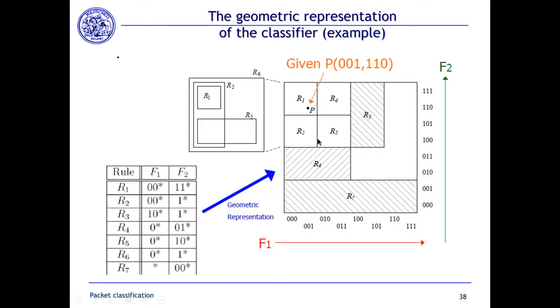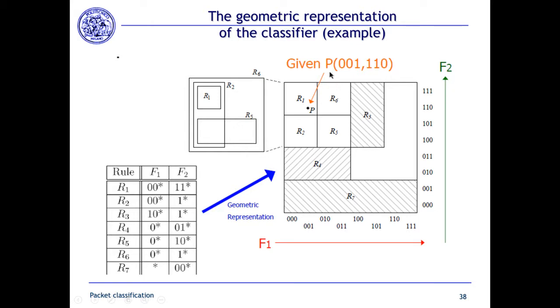So this is another example. This is a classifier which is similar to the previous one, but with some changes. Here the line number is considering only 3 bits, so you can do it all the same.